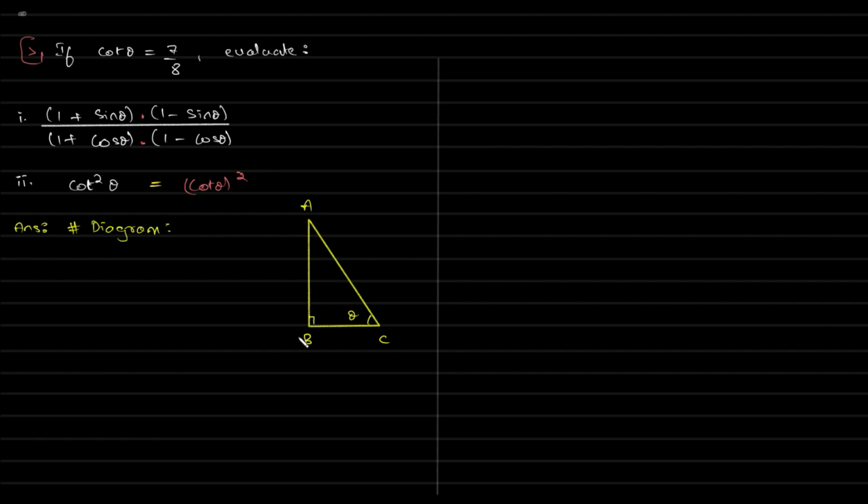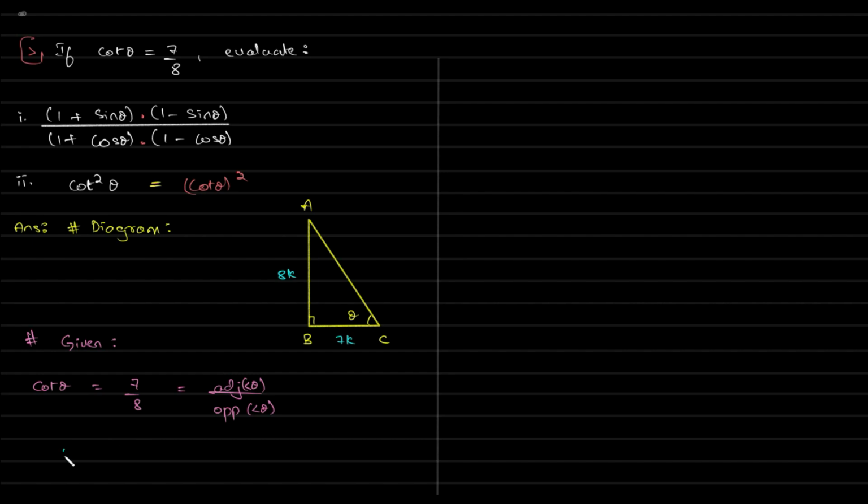Given cot of theta is 7 by 8, so adjacent of theta by opposite of angle theta. So adjacent of angle theta is 7k, opposite is 8k. This is not a Pythagorean triplet, so we can't do much over here. We have to do the lengthy version.